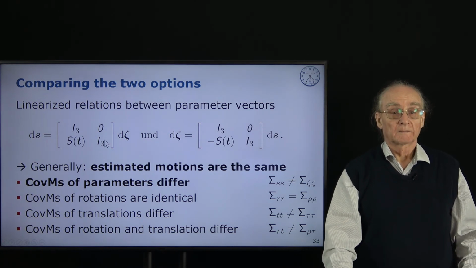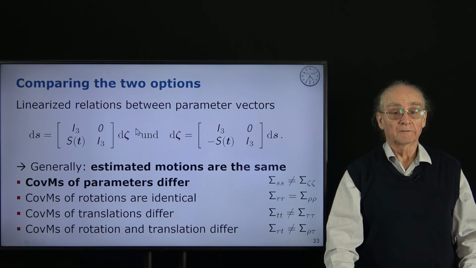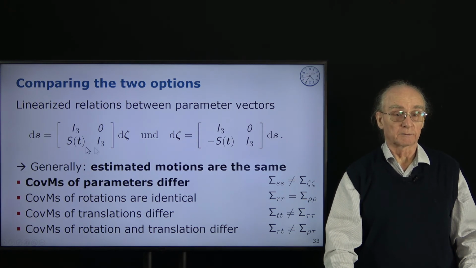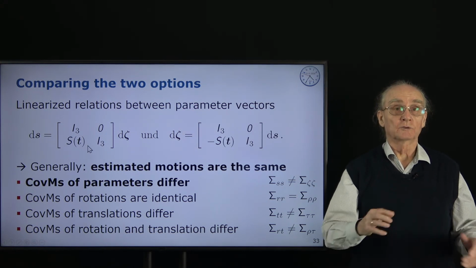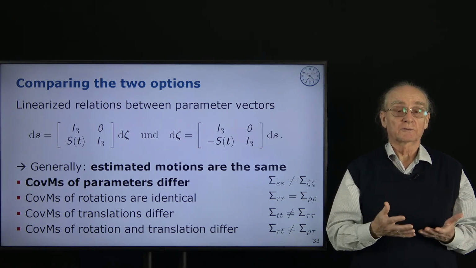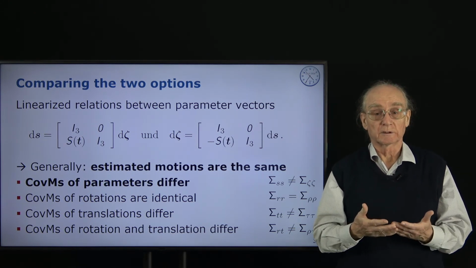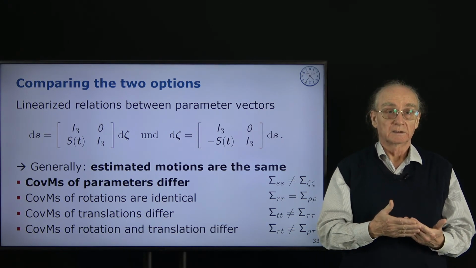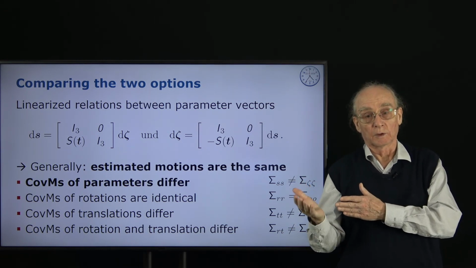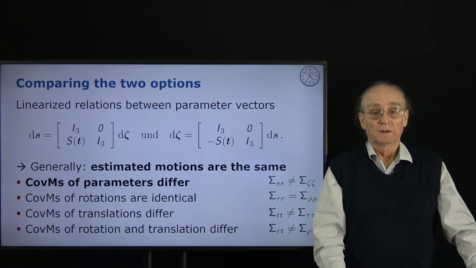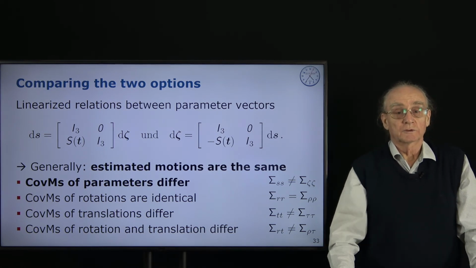So if we now have a covariance matrix for theta and do variance propagation, we come to a covariance matrix of ds, which is not the same, because we have not a unit matrix here, but we have an off-diagonal term S of t. The interesting thing is, if you do the estimation, the parameters for the estimated motions are the same, but depending on whether you do the one or the other linearization, you come out with two different covariance matrices.